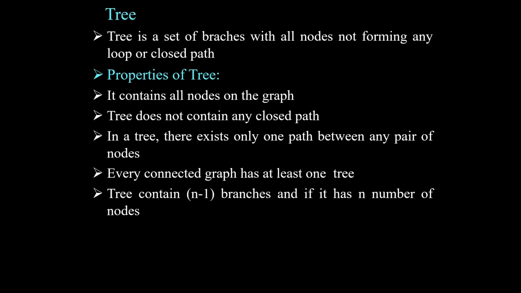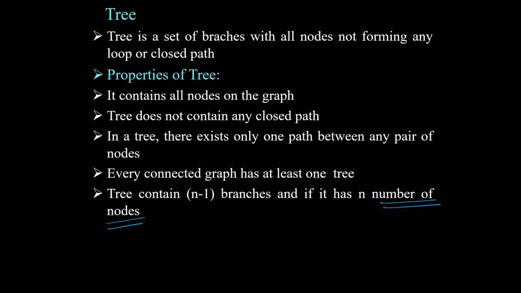So how can we check whether we have taken the correct way of forming the tree, or whether we have left any branches in the graph which we have not considered in the tree formation? How to check that? Each and every tree will have n minus 1 branches. Okay, here n represents the number of nodes in the graph.